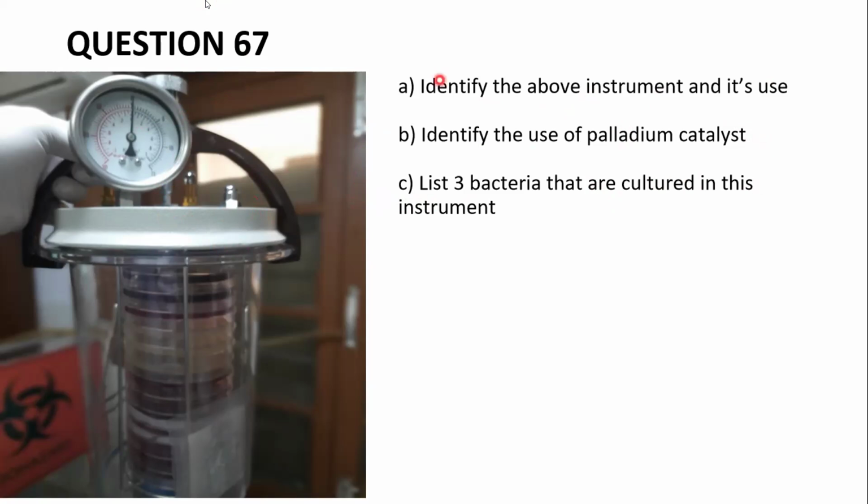Fildes, McIntosh, very good. McIntosh and Fildes jar, good. Why do we add the palladium catalyst? Normally they usually ask what is modified. So the answer is usually palladium catalyst to create an anaerobic environment.